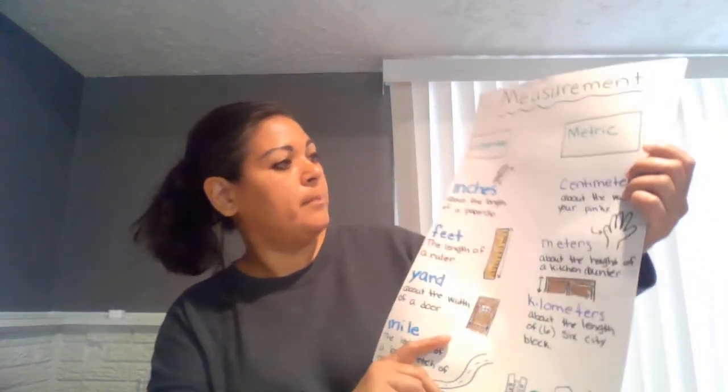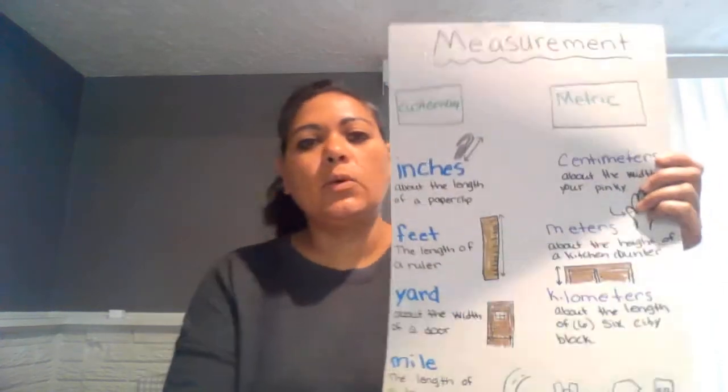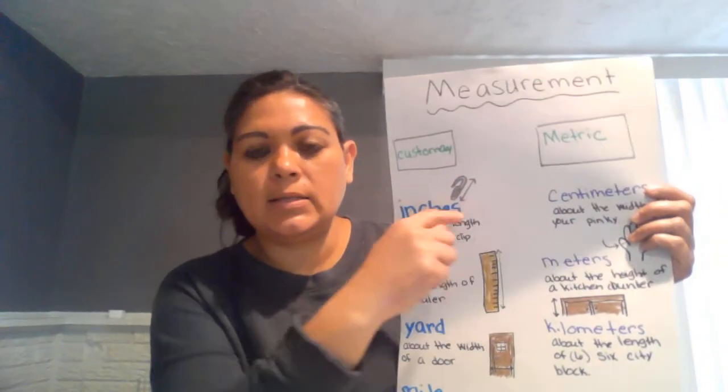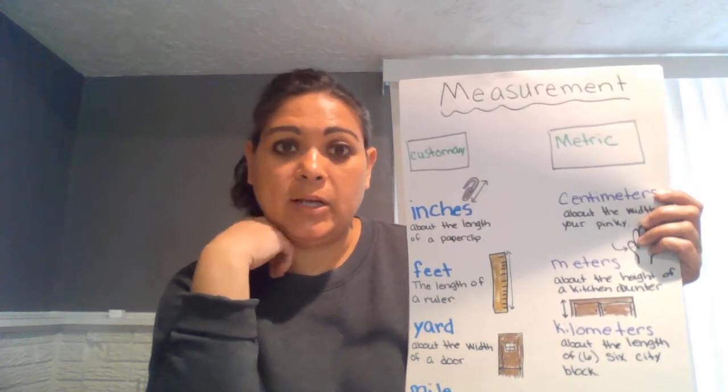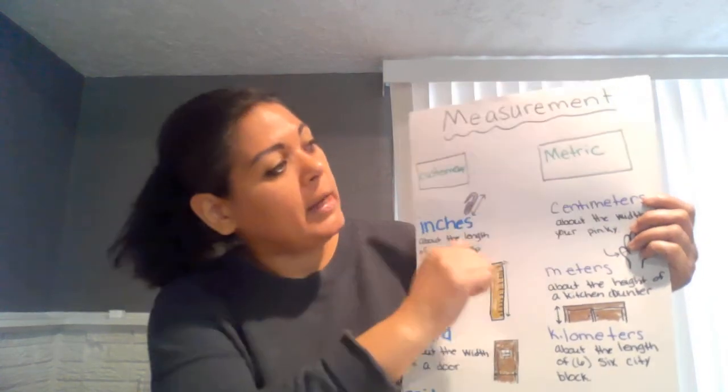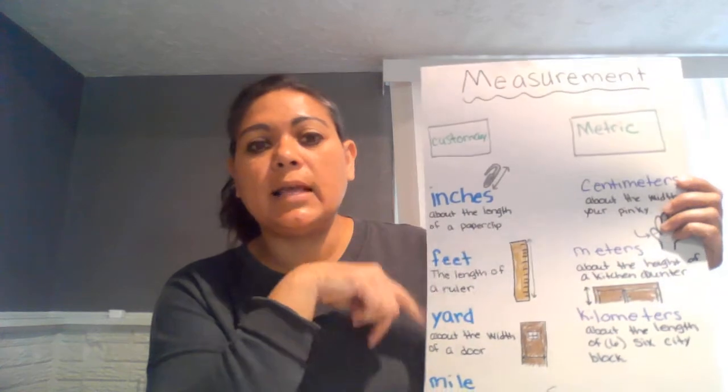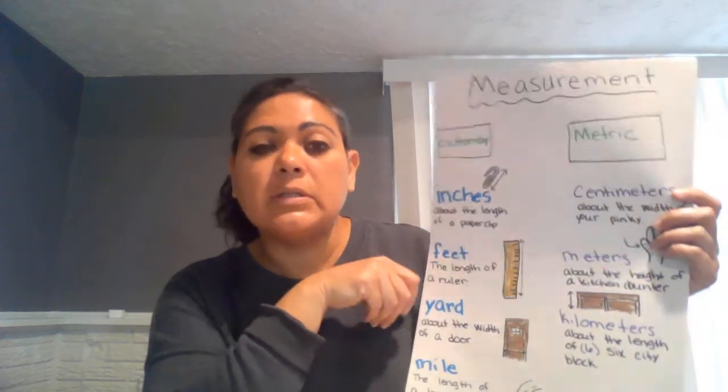So let's go ahead and review quickly our anchor chart from yesterday. We talked about two different standard units of measurement, customary and metric. In the United States, you will hear mostly the customary being used.